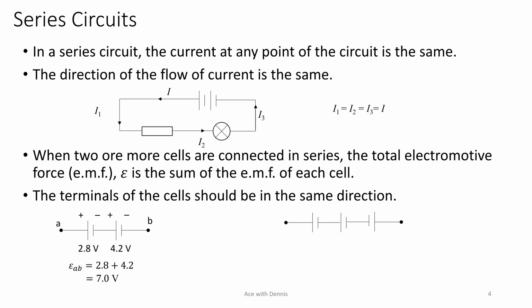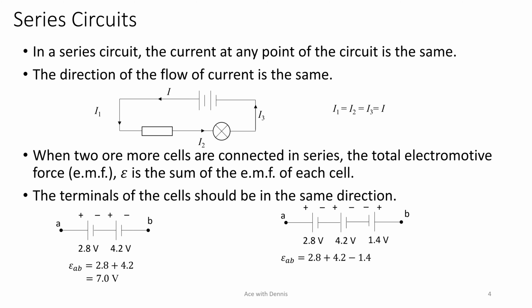Now, this second diagram shows that the first and the second cells are connected with the terminals in the same direction, but the third cell's terminal is connected in the opposite direction. Let's say the first EMF is 2.8 volts, the second EMF is 4.2 volts, and the third EMF is 1.4 volts.